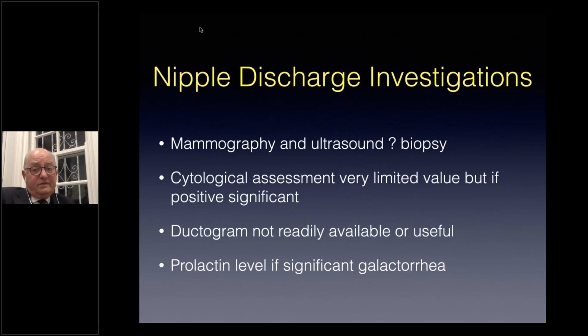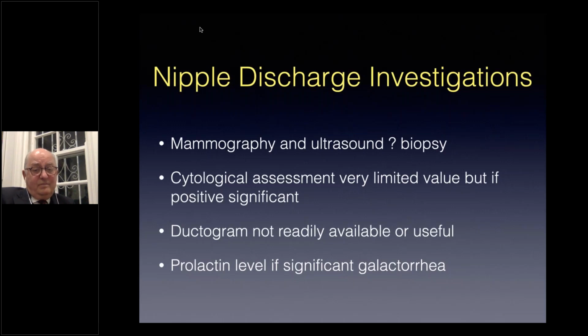And if there is a visible finding, biopsies are taken, and not infrequently that'll be a papilloma. Cytological assessment of the nipple discharge is really of very limited value. I don't use it actually, but if somebody's done it and it's positive, then it's very significant. But almost always you get back a result which is really not all that helpful.